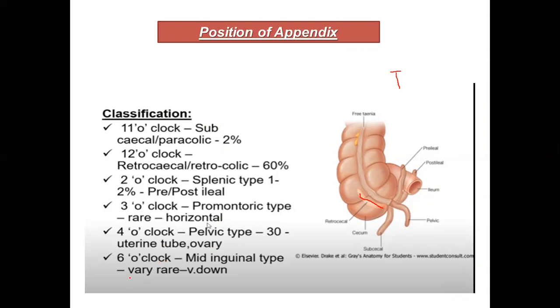The very rare type is the 6 o'clock position. The 12 o'clock is the most common one. The rare type is the 6 o'clock position. So you need only remember 2 of them. The most common is the 12 o'clock and the least common is the 6 o'clock position.